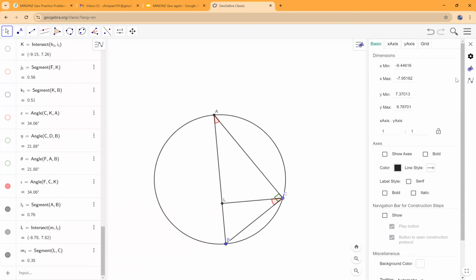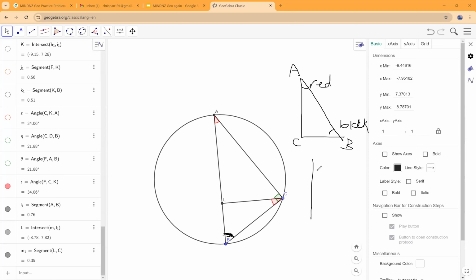If you look at this black angle here, triangle CLB has a red angle and a black angle, but triangle BAC also has a red angle and a black angle, right? So if I look at triangle ACB, I have red and I have black here.